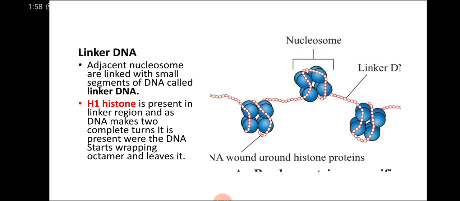In this linker region, H1 histone is present. H1 histone is also present in the region where DNA starts wrapping the histone octamer and where it leaves it. So we can conclude that H1 histone is present in the linker region, and where the DNA makes two complete turns, at the place where DNA starts wrapping the octamer and leaves it.